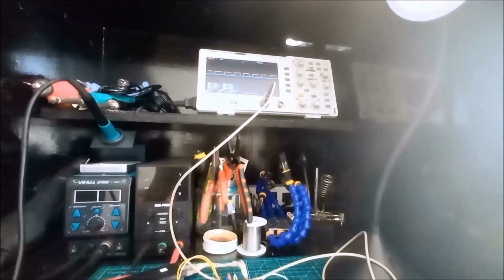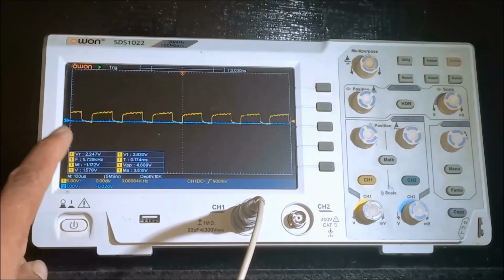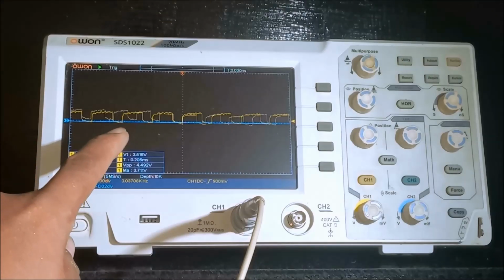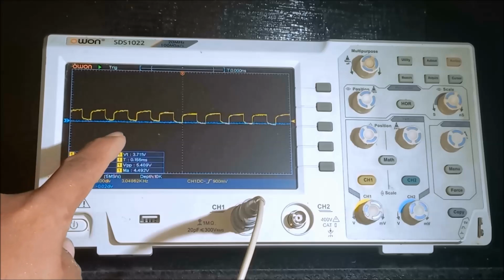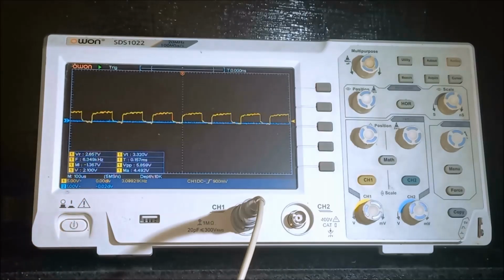This is the waveform generated by the circuit. Some sort of a rectangular square waveform.